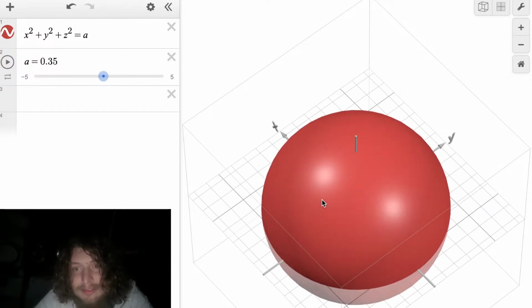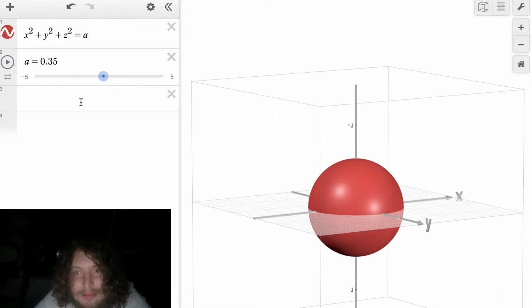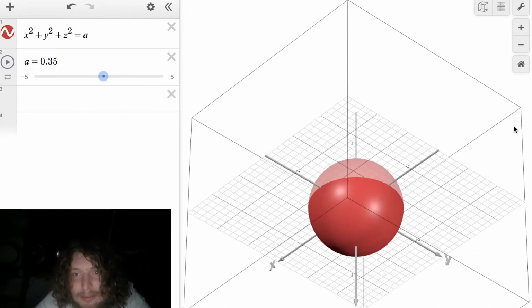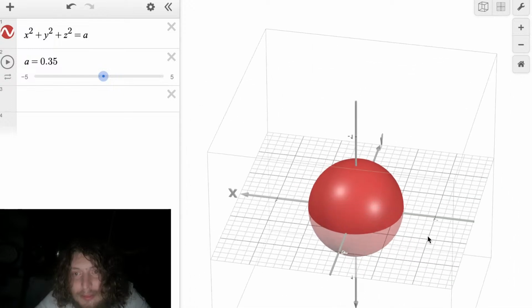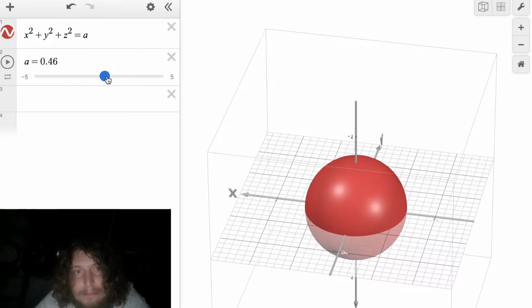There's my sphere. I knew you were hiding there. So here we have our sphere, and if I want to grow it or shrink it, I change my a.